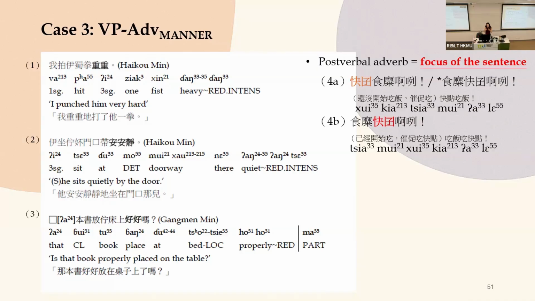However, when somebody is already eating and you want them to eat faster, then you can use the phrase 加梅回家咧, like eat faster. So here we can see a post-verbal adverb actually requires the adverb part to be the focus of the sentence. It has to carry the emphasis of meaning.